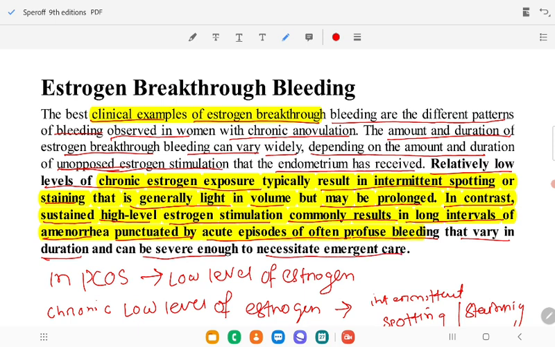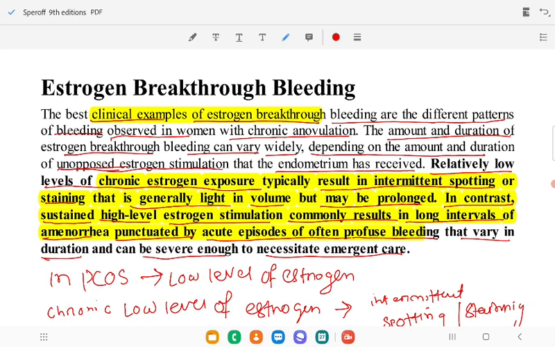So remember, what is the clinical example of estrogen breakthrough bleeding? It is the different patterns of bleeding observed in women with chronic anovulation. The amount and duration will vary widely, depending on the amount and duration of on-off estrogen stimulation that the endometrium has received.